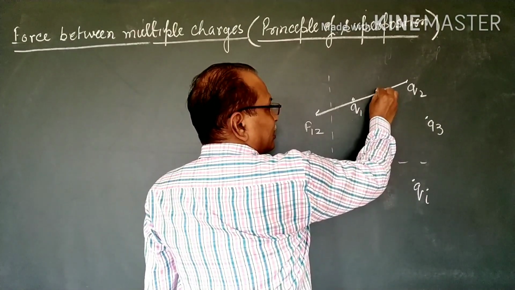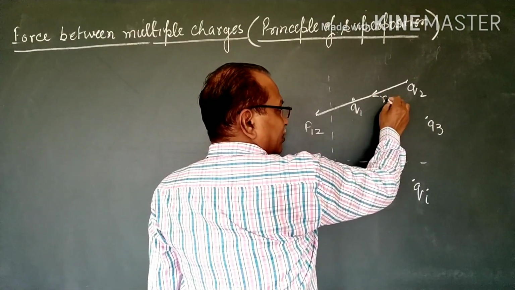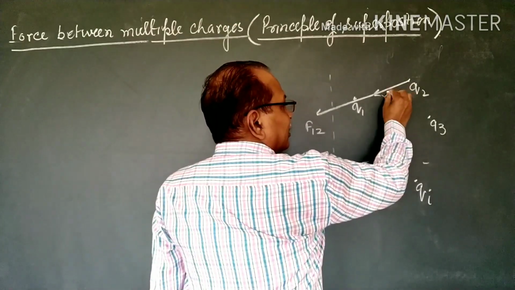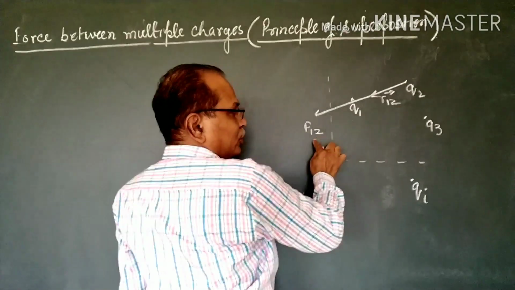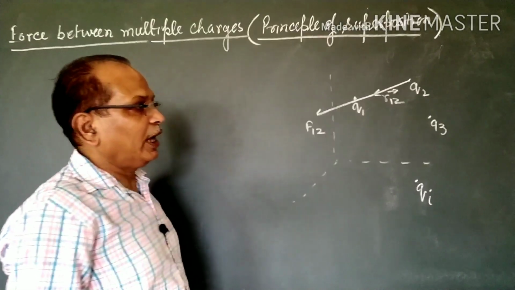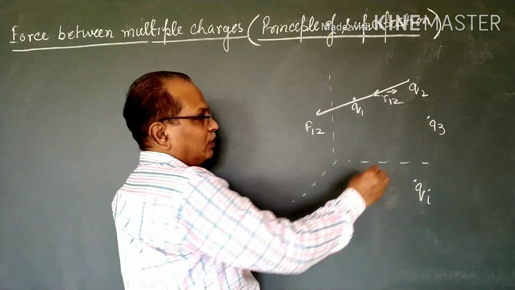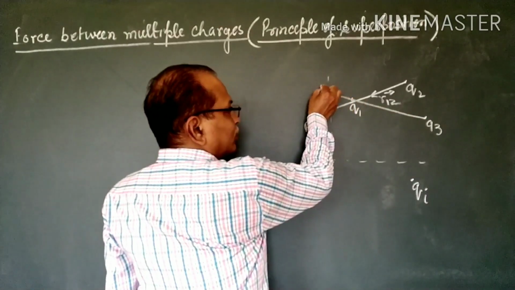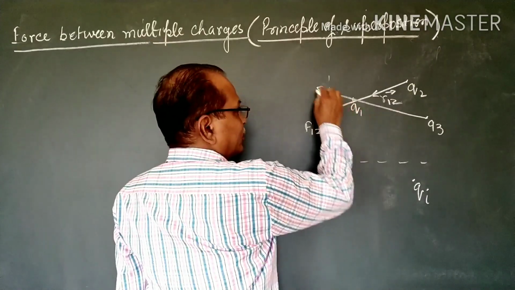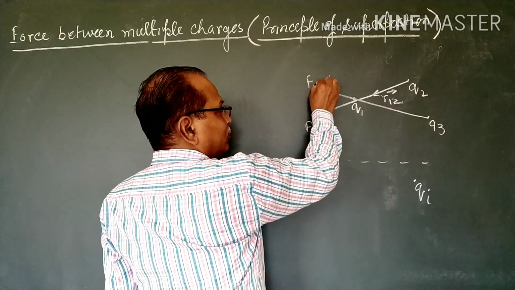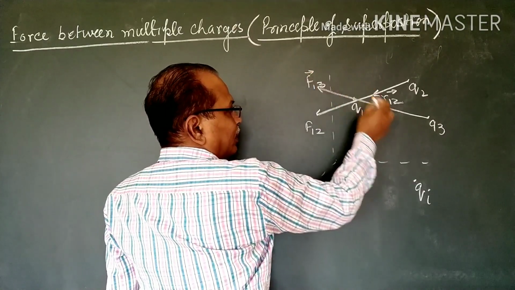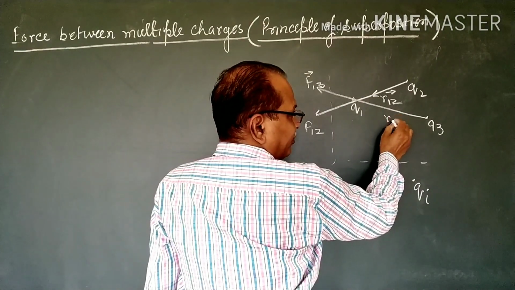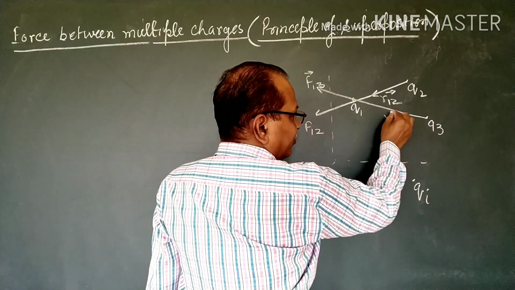Here, this is the unit vector representing the direction of force, R12. Now, this is the force on the first charge due to the third charge, F13. The vector representing will be R13.